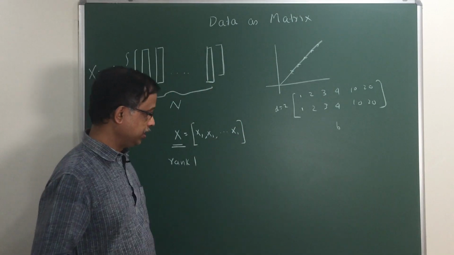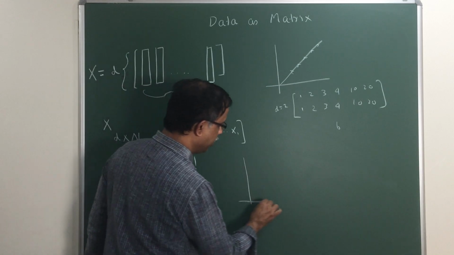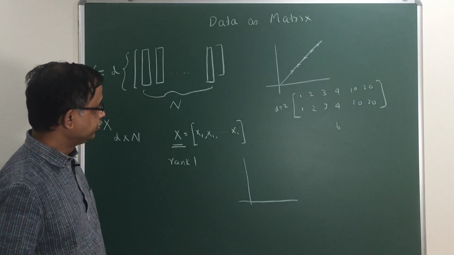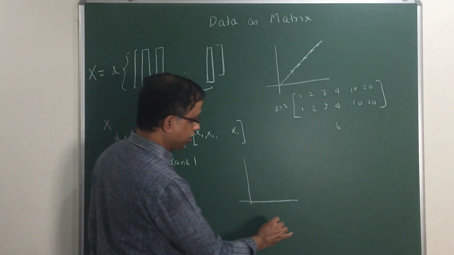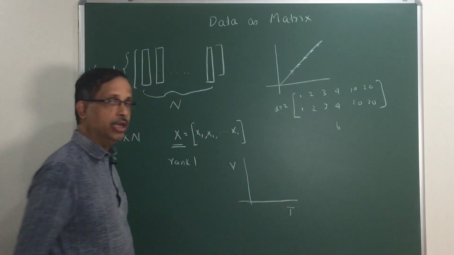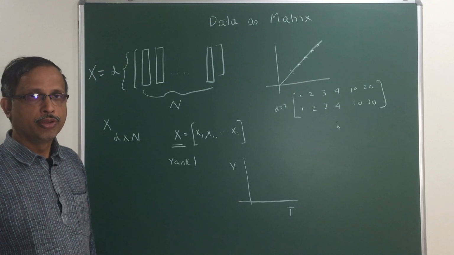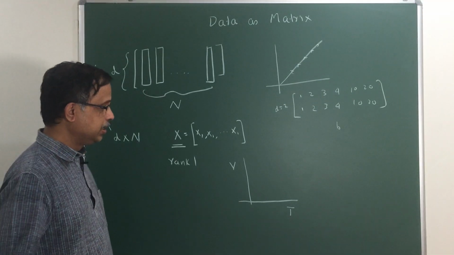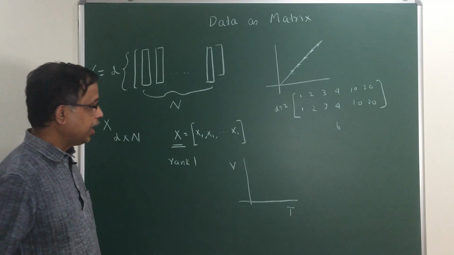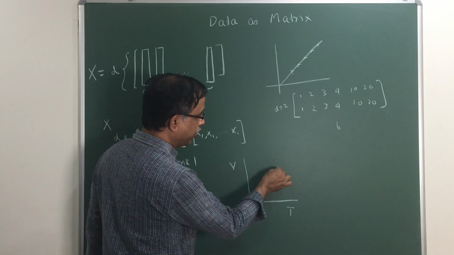Let us take 2 examples. We look at a set of measurements of, say, temperature and volume, keeping the pressure constant. From school physics, we know that there is a linear relationship between these and the samples should be on a line.